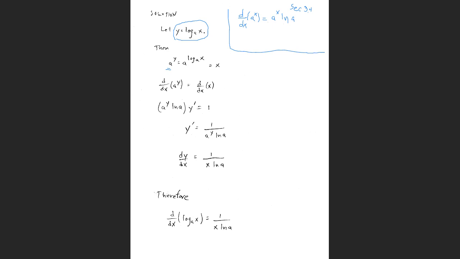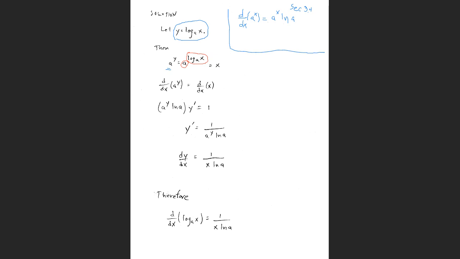So a to the y power would equal a to the log of x to the base a power. Since y is defined as the log of x to the base a, a to the y power is a to the power log of x to the base a.